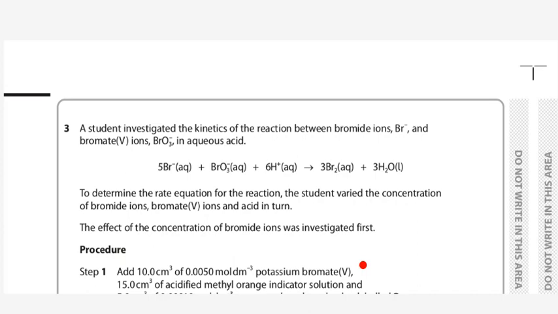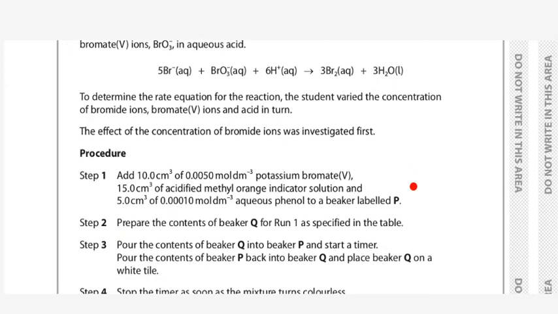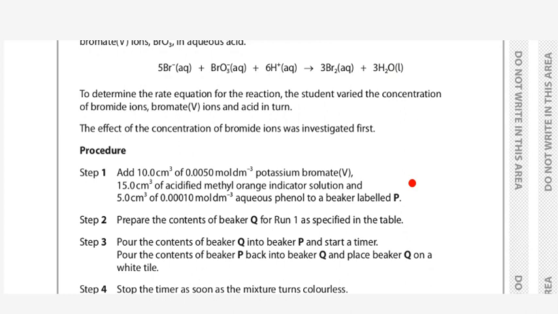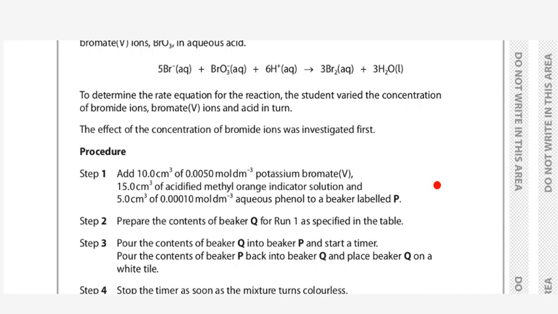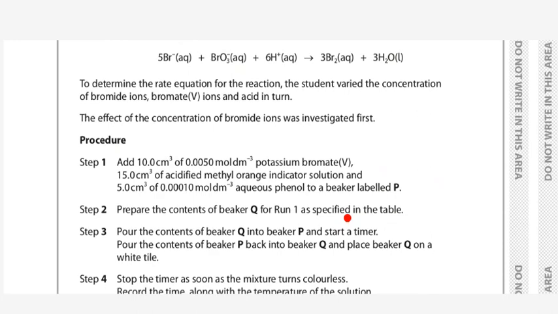The effect of the concentration of bromide ions was investigated first. Add 10 cm³ of 0.005 potassium bromate, 15 of acidified methyl orange indicator solution, and 5 of 0.0001 aqueous phenol to a beaker labeled P. Prepare the contents of beaker Q for run 1 as specified in the table.